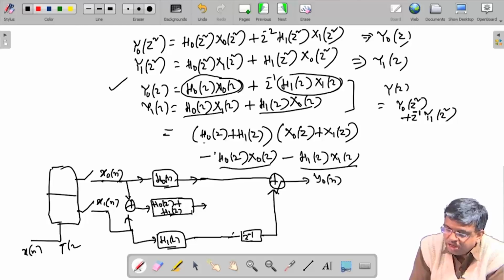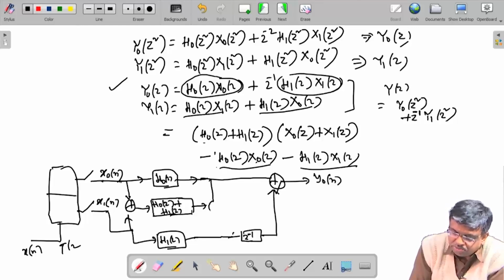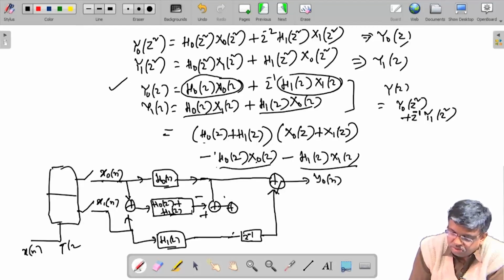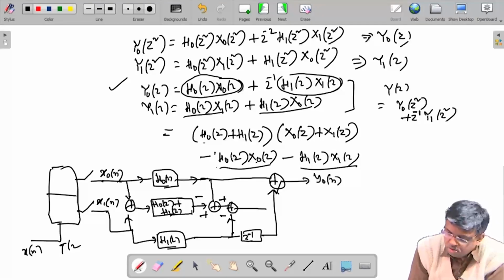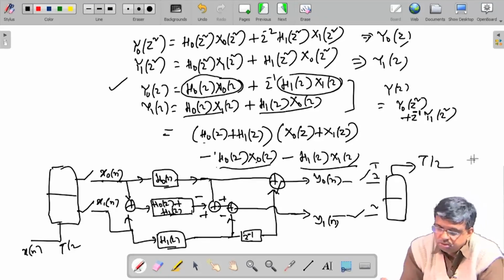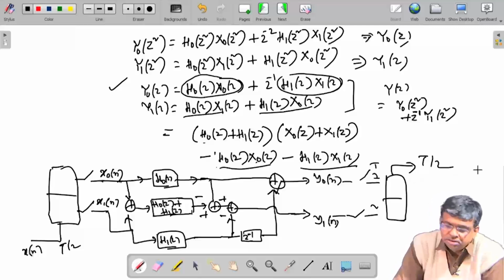From this I have to subtract out h 0 x 0, which is here, and further subtract out h 1 x 1, which is coming here. This is my y 1 n, and then as before I will give it to a buffer and generate y n, absolutely fine.